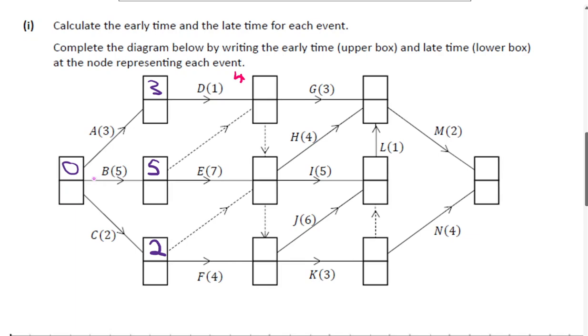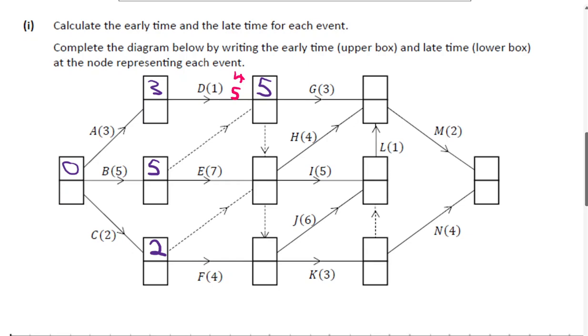And then if we go from B with that dashed line, 5 is the other option. So 5 is the answer, because we can't start G until D is done and B is done, and the earliest that can happen is 5. It's strange, but when we're doing the early times, we're looking for the latest early time.